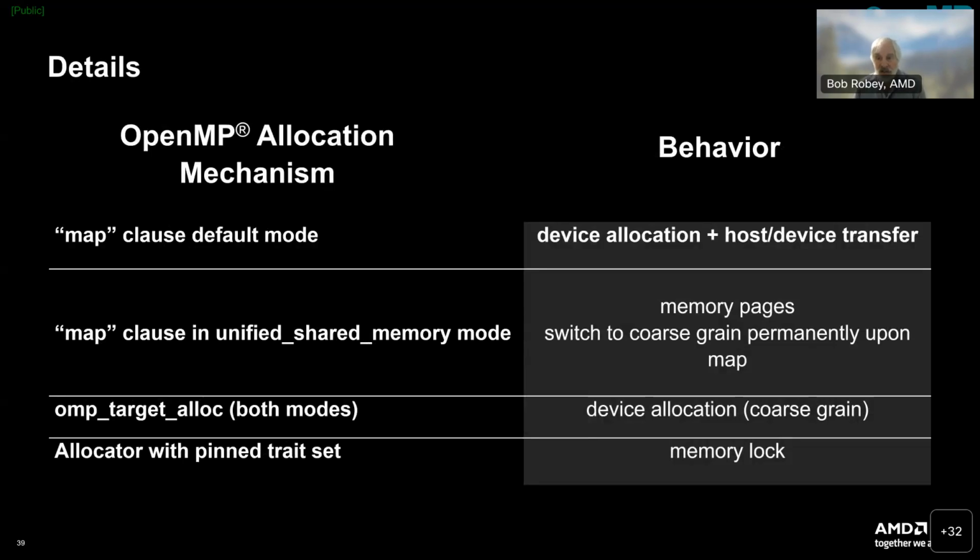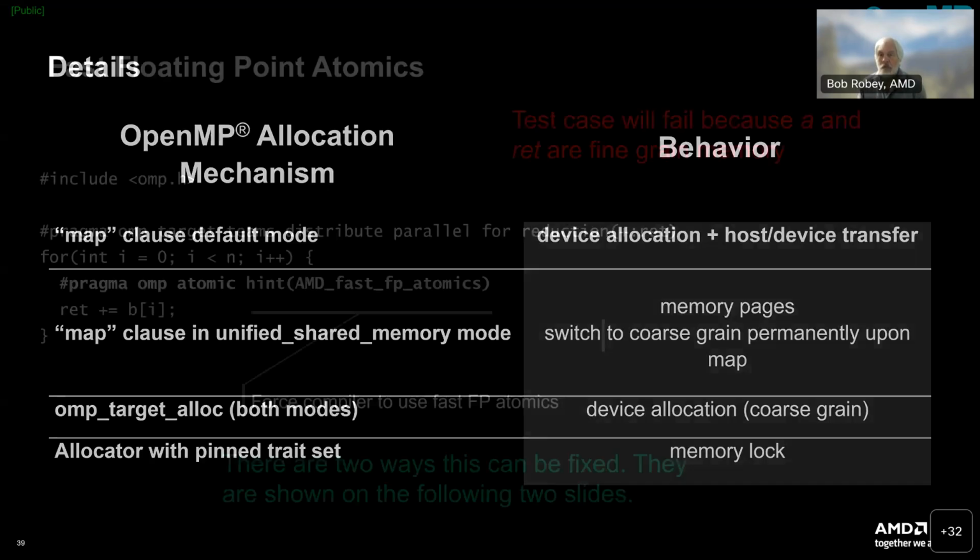So map clause in unified shared memory switches it to coarse grain. If we do the target allocation, the OpenMP target allocator, we get coarse grain. And if we have pinned memory, we still get that memory pinned to that address, and it will not migrate.